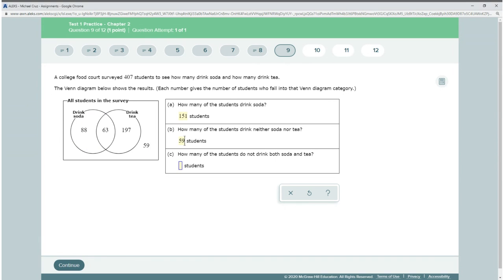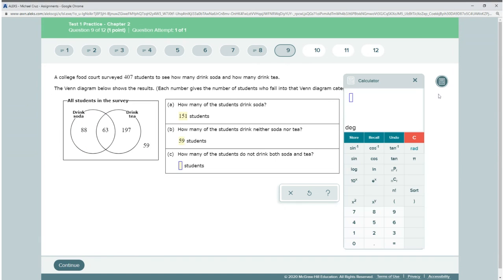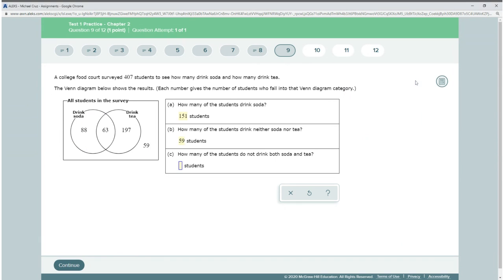Oh, there's that little calculator on here. I don't know if they put it on all of them, but this is a neat little calculator. How many of the students do not drink both? Okay, this is both. So they only drink one, they only drink one, and they don't drink any of them.